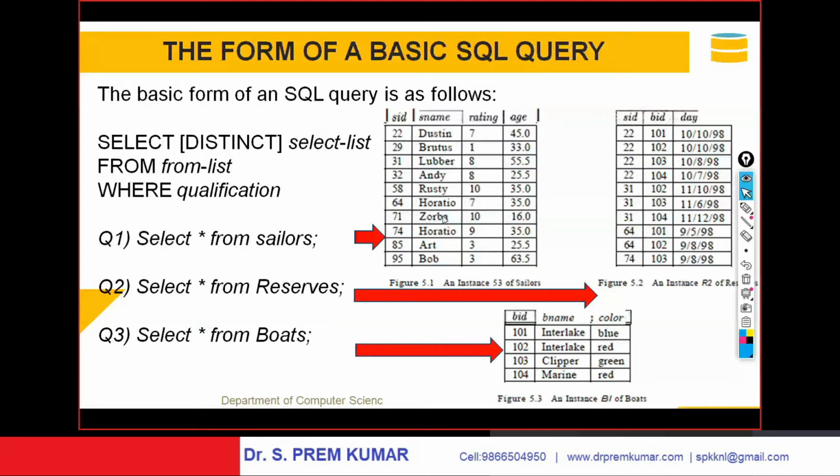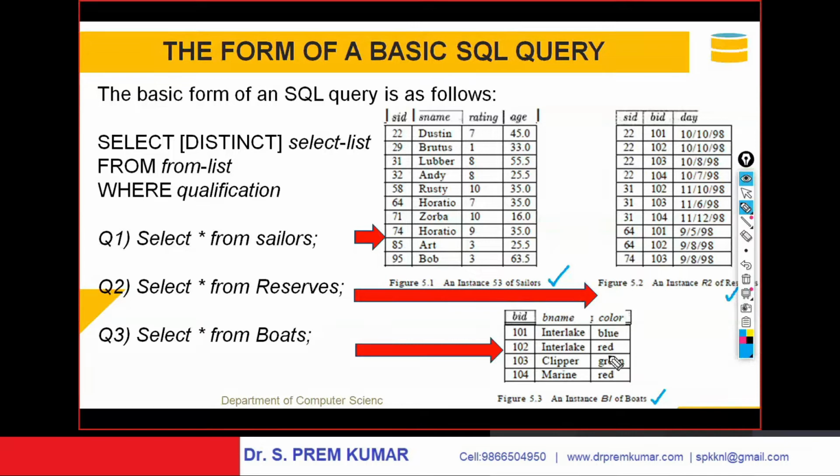Now let us start with the basic SQL queries. Suppose in the backend, on your disk, there is a table called sailors, and also a table called reserves, and a table called boats.